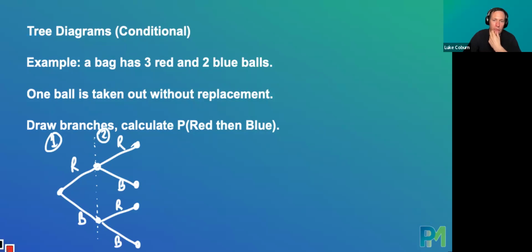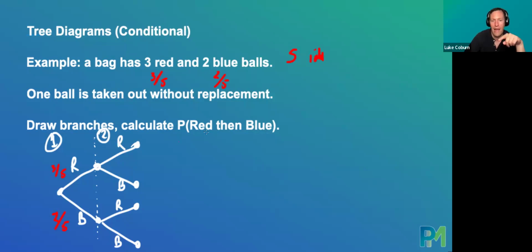And the probability of a red, well, you see there's 3 red, and there's 5 in total, right? So the probability of getting a red is 3 out of 5. And the probability of getting a blue is 2 out of 5, right? So this is 3/5 here, and this is 2/5, right? Okay, and then here, I'd be tempted to write 3/5 again.